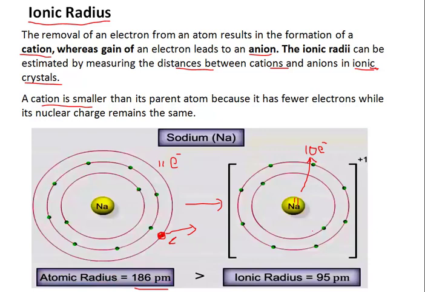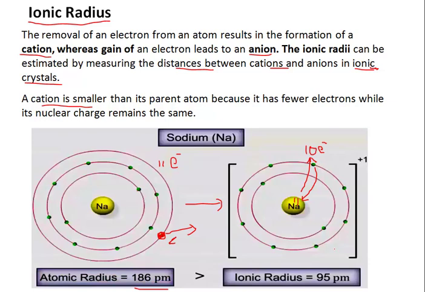The number of electrons decreases but the nuclear charge remains the same. Hence the force experienced by these 10 electrons from the nucleus increases, or we can say that the effective nuclear charge per electron tends to increase.